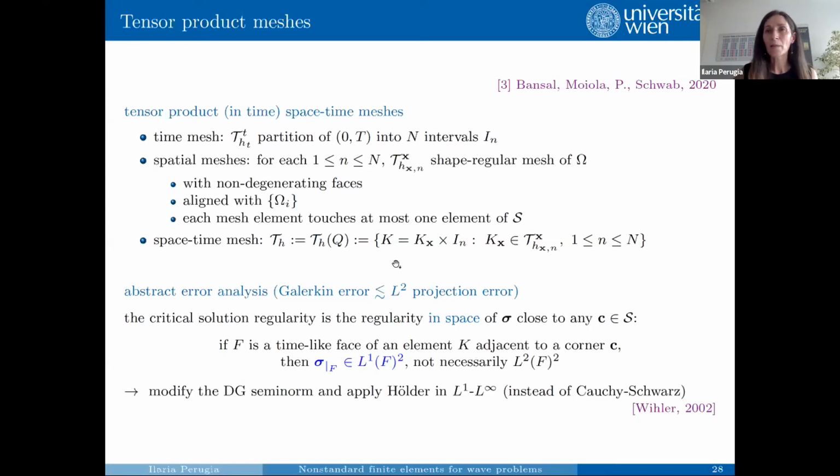On this, I can apply my theory, and I end up with an estimate of the error of the method by the L2 projection error. Here things are a bit more complicated if I want to consider solutions with realistic regularity, because σ is very singular close to corner points. In the elements that are close to corners, the traces of σ on the faces are not even in L2, they are only L1, but one can also deal with this case.